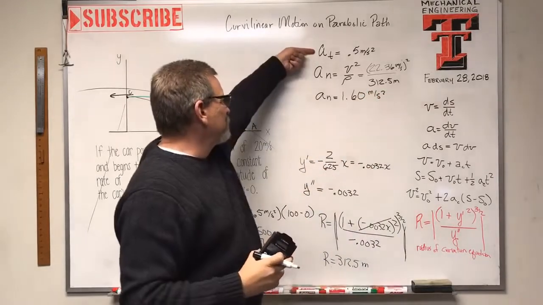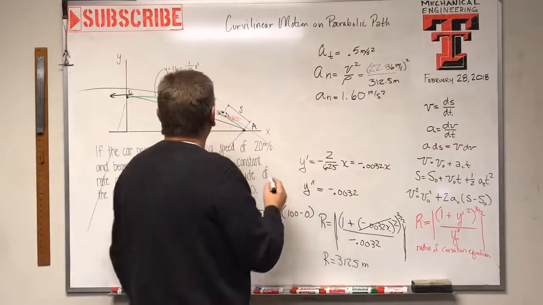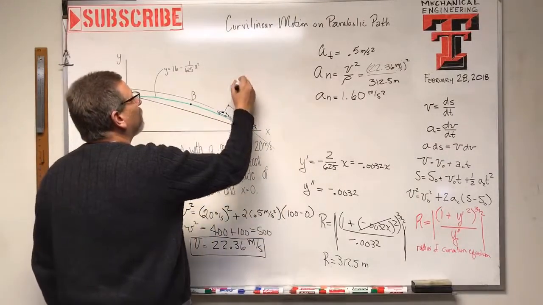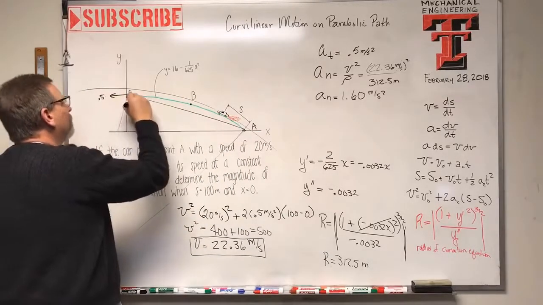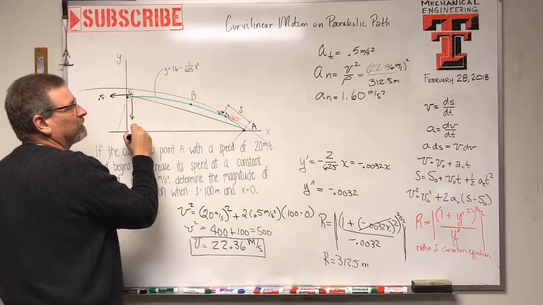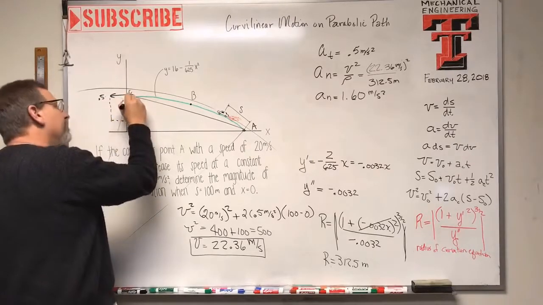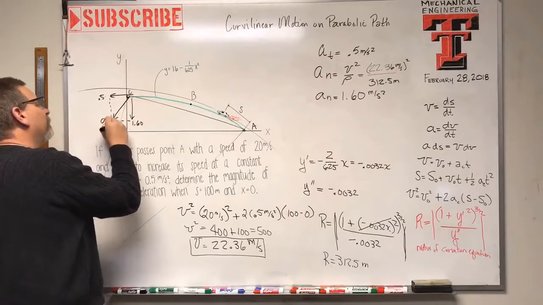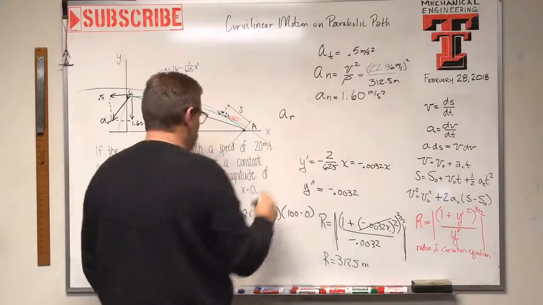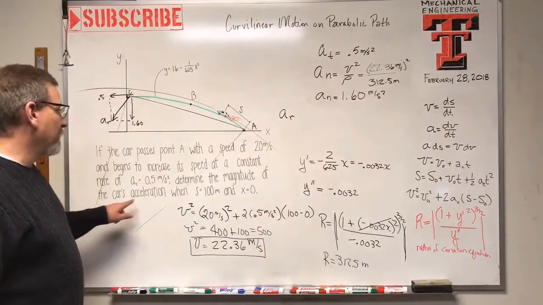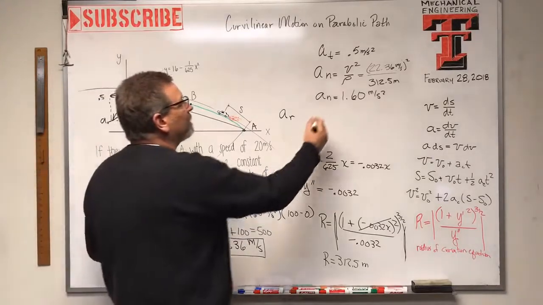So now I know the tangential, I know the normal. How do I find the resultant of those two? As the car's going around, this guy is 0.5, this guy is 1.60. What I'm looking for is that guy, the resultant of those two. So the resultant acceleration, the magnitude of the car's acceleration, that's what we're looking for.